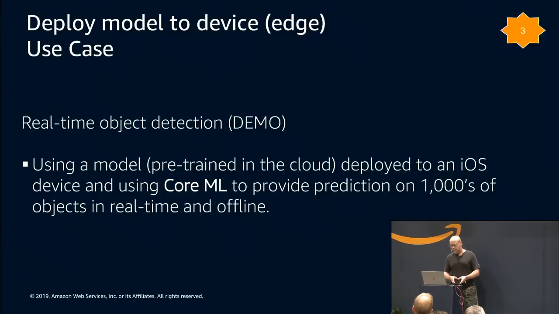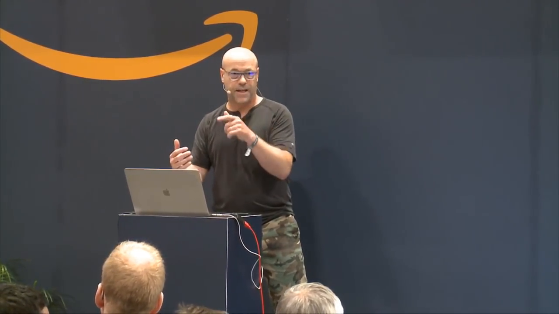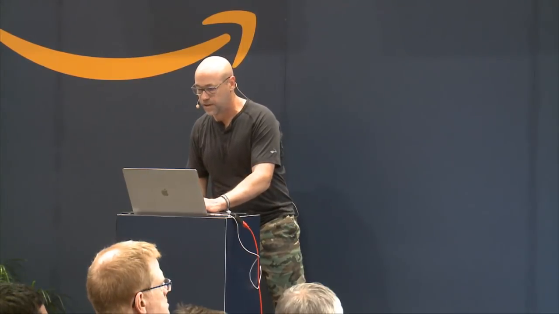I'll run through a demo real quick of two examples of using that model on the device and taking advantage of that real time. Remember, talking about celebrity: if we had that celebrity model and trained it, we would have real-time identification of the celebrities with their names on their faces, and we could click on their face and connect in there.